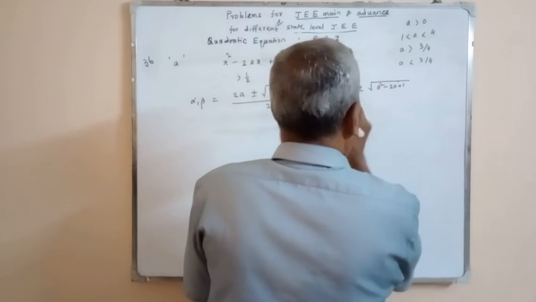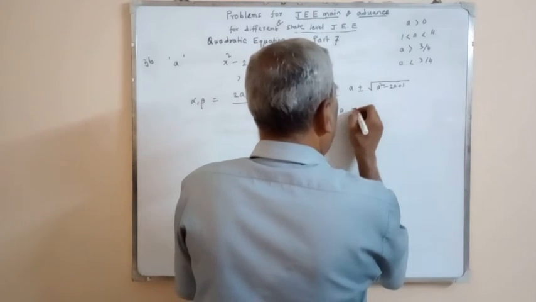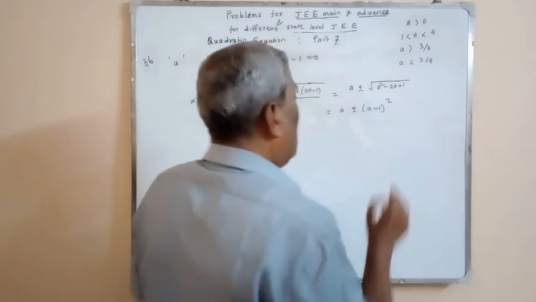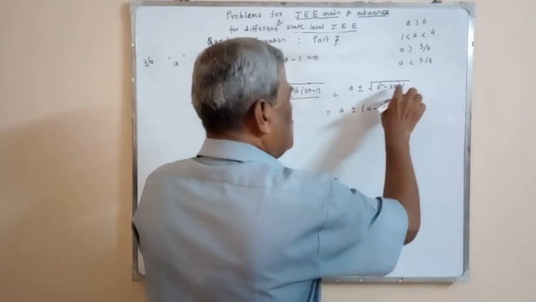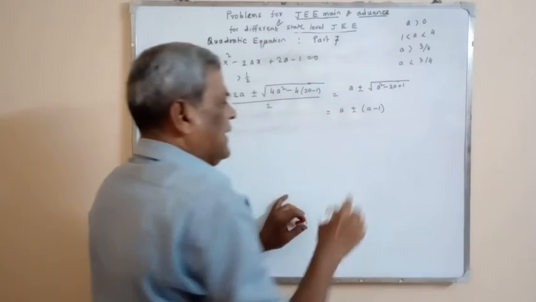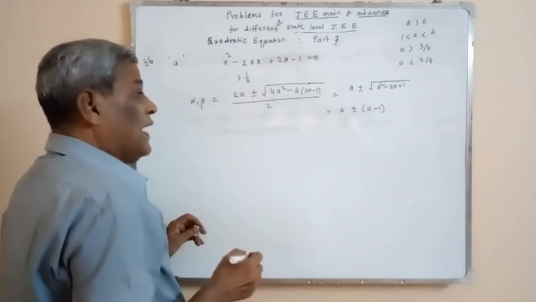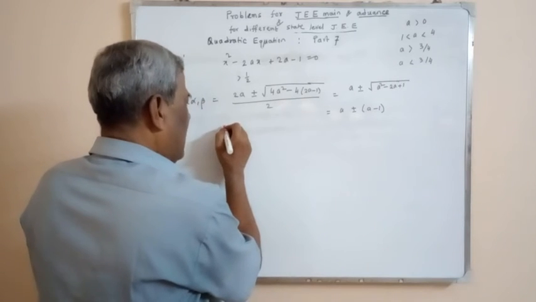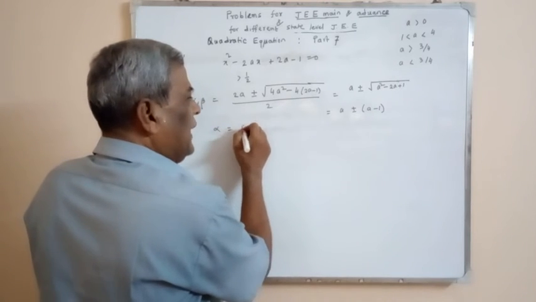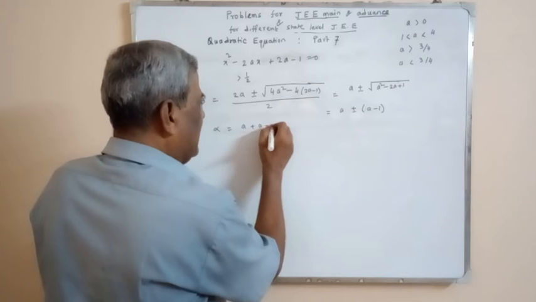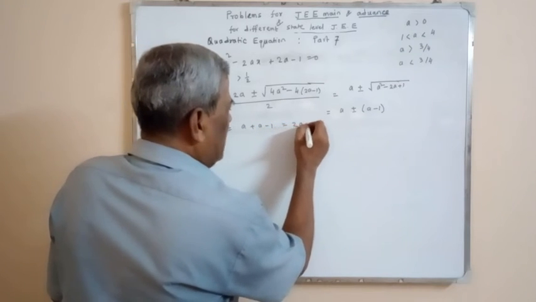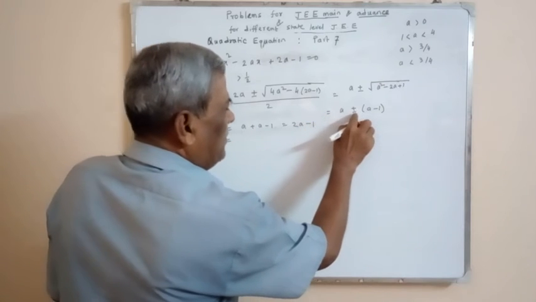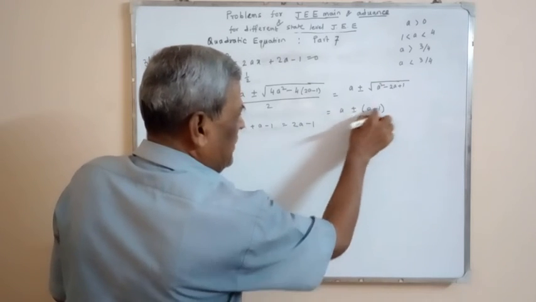It is equal to a plus minus a minus 1 whole square, and that root cancelled. So actually roots are alpha is equal to a plus a minus 1, that is 2a minus 1, and beta is equal to a minus a plus 1.